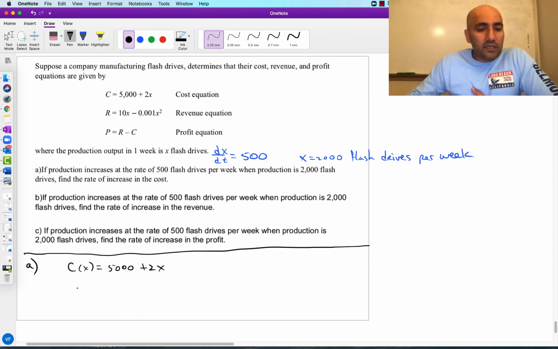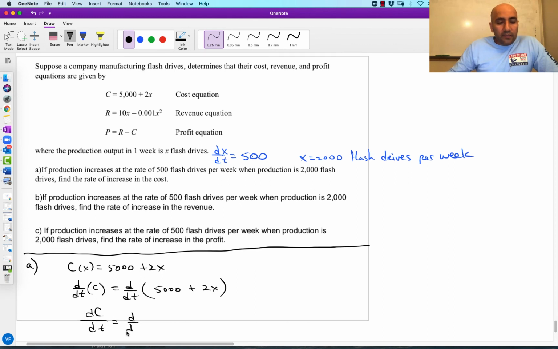So it's the derivative with respect to time of the cost function, equal to the derivative with respect to time of 5,000 plus 2x. So that means dC/dt is equal to the derivative with respect to t of 5,000 plus the derivative with respect to t of the 2x.